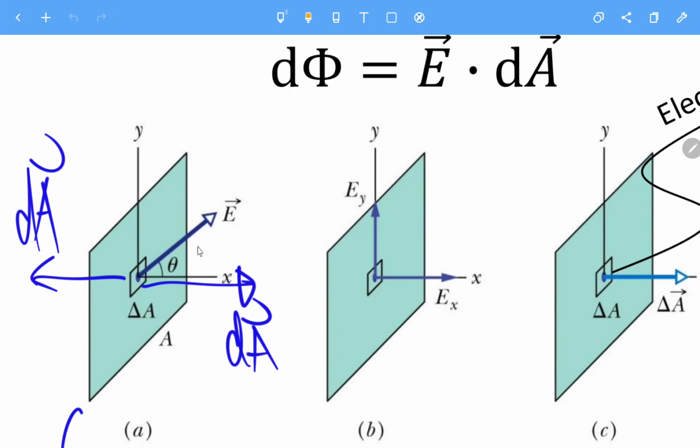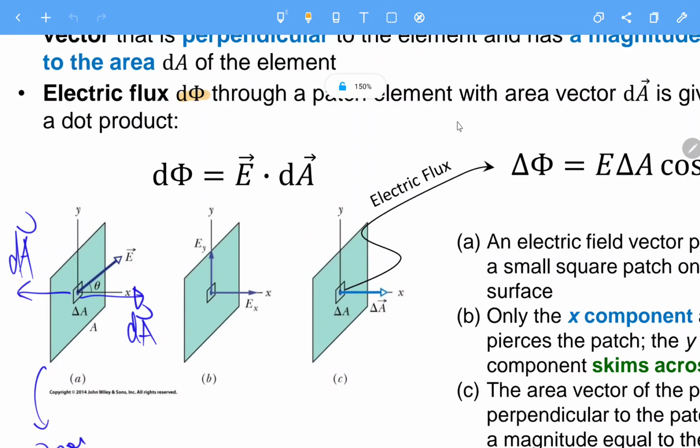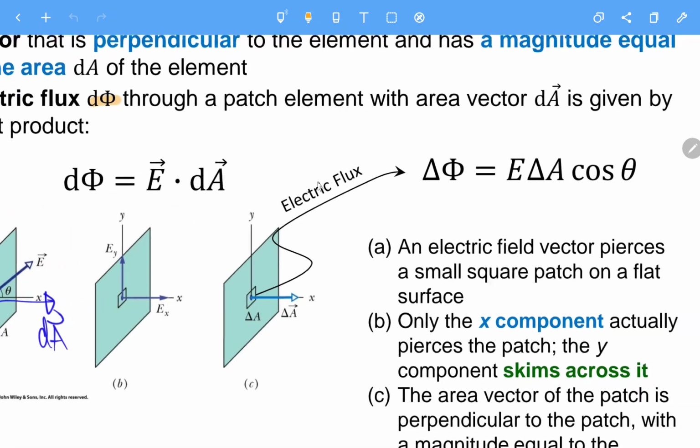So we can calculate the dot product between these two vectors, and the dot product will become a scalar. So the electric flux of this small area is defined by E dot dA.